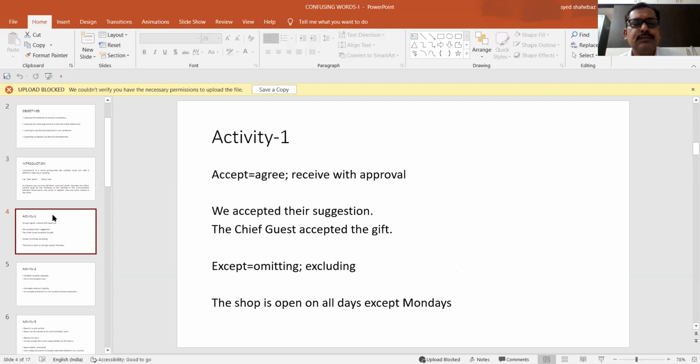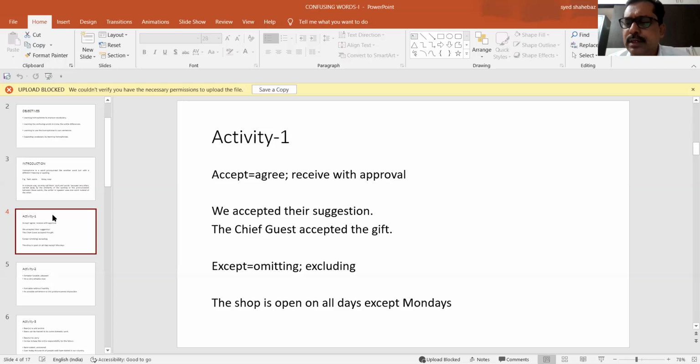And we have the important homophones. The lecture is divided into two parts. In part two, we are going to discuss some more pairs of confused words, homophones, to get an understanding of this type of words that appear in the English language.